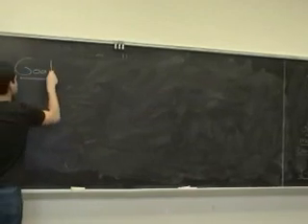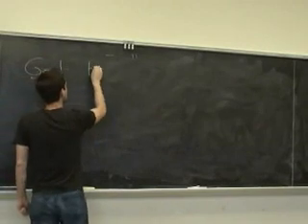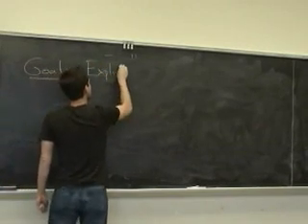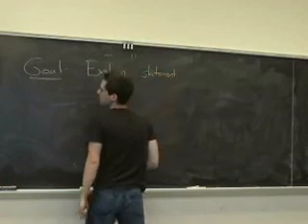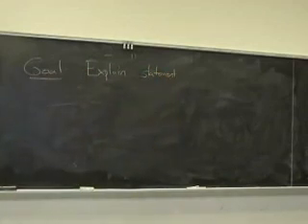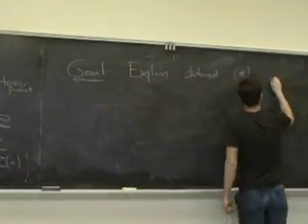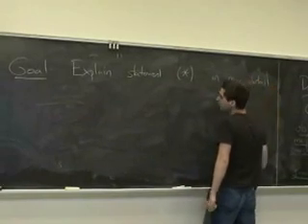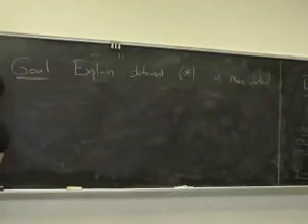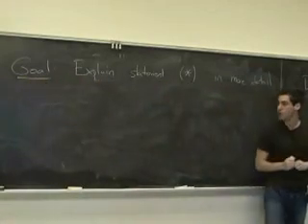So the goal of this lecture series is to explain the statement. Let's label this statement star. Explain statement star in more detail. That is, I want to tell you what it actually means to be a D category. I won't tell you in complete detail, but in much more detail than I've told you so far.